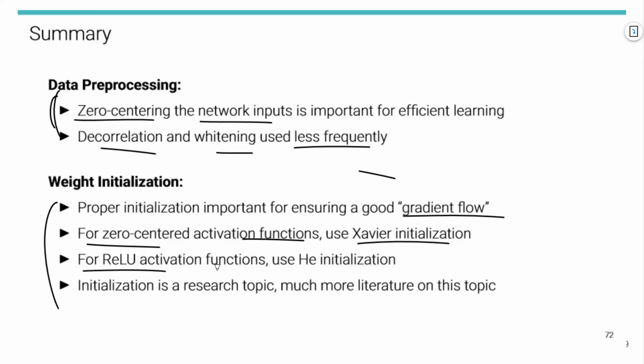And for ReLU activation, you had better use He initialization. Initialization is a research topic, and there have been numerous research outcomes. But as we've seen in the batch normalization session, other techniques can reduce the impact of weight initialization.